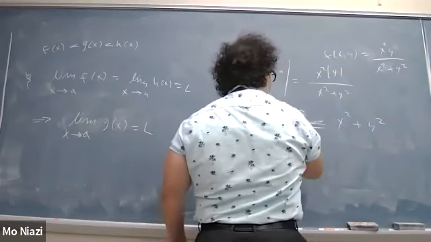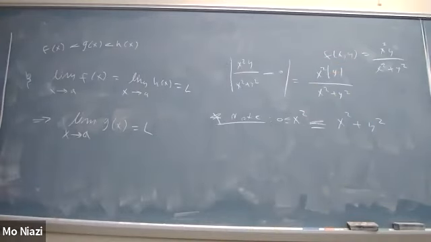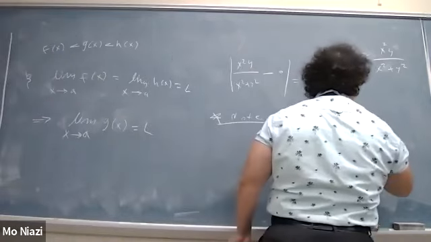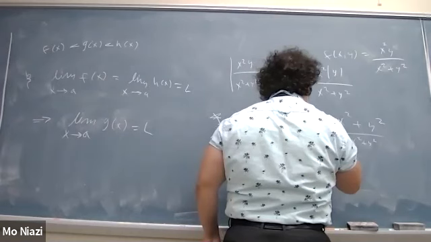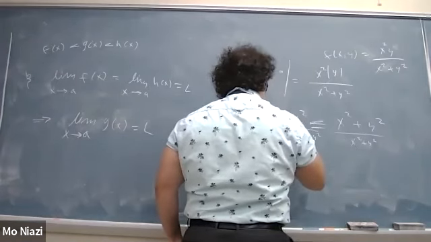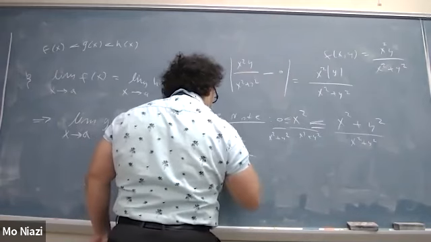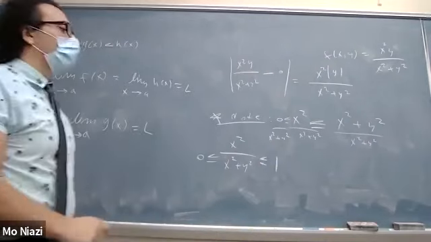I could have also said that x squared ranges between 0 and x squared plus y squared. So I can divide the inequality here to get this.